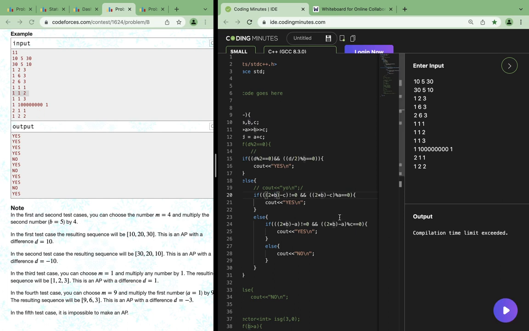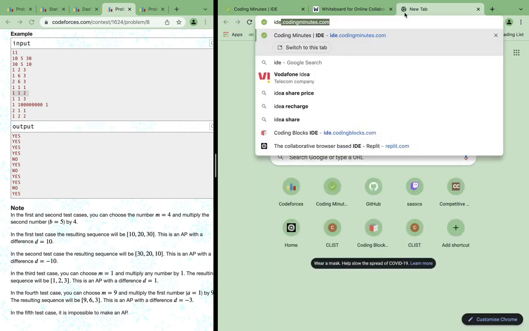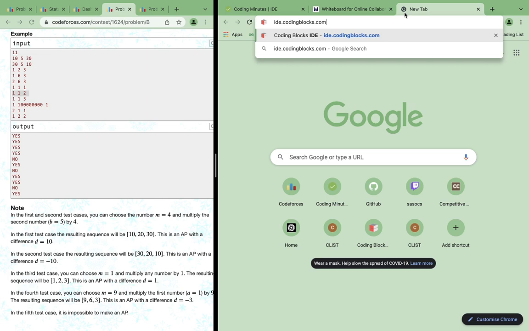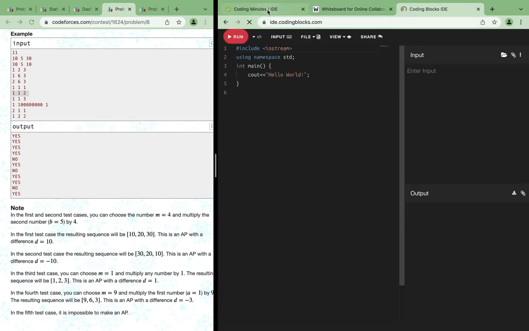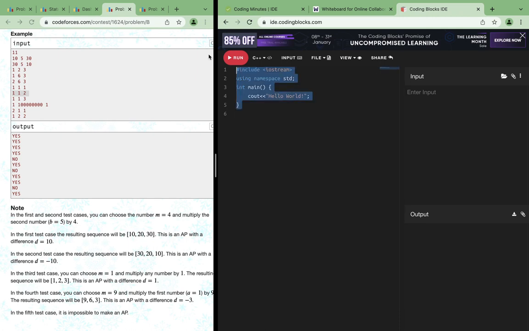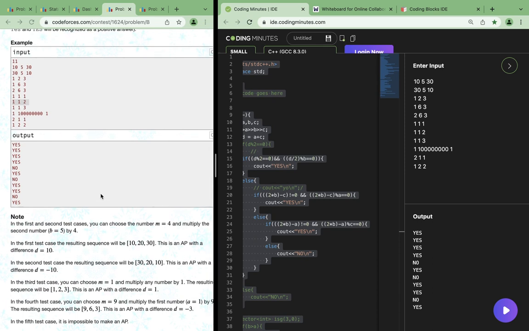Compilation time exceeded. Why is that? I hate this IDE, man. I hate this IDE. Oh, okay. Now it worked. Yes, no, yes, no, and yes, no, yes.